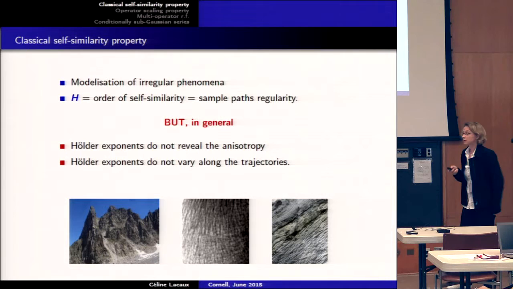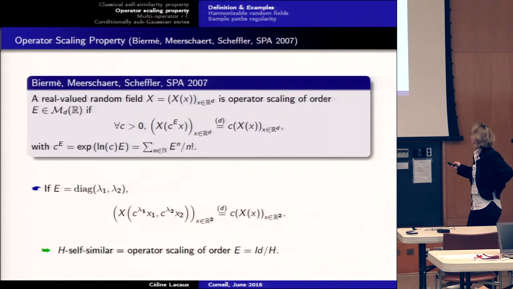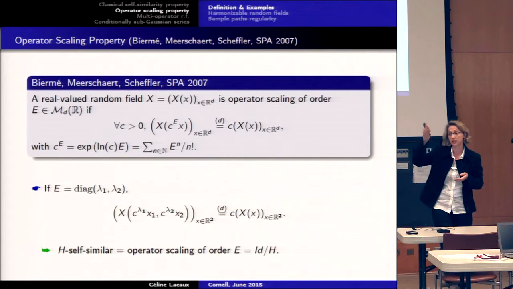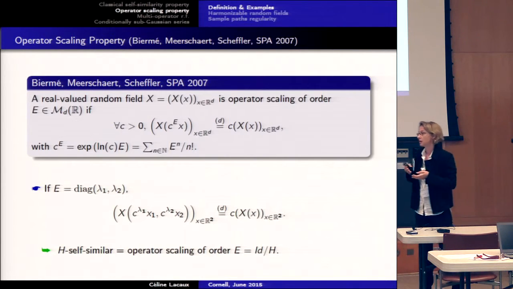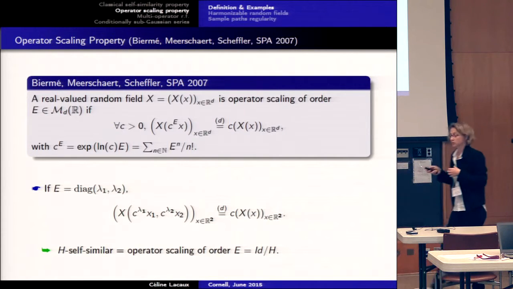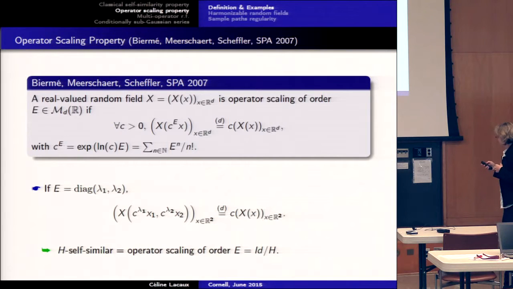The main idea of the paper of Biermé, Meerschaert and Scheffler is to combine, for example, the self-similarity property in this direction and in this one into a global property. So they replace the self-similarity property by an operator scaling one here. E is a matrix and c^E is the exponential of the matrix.